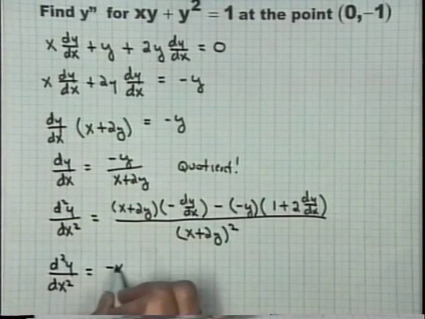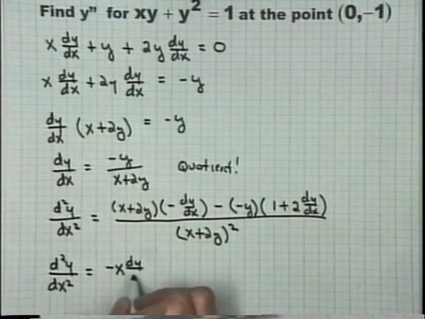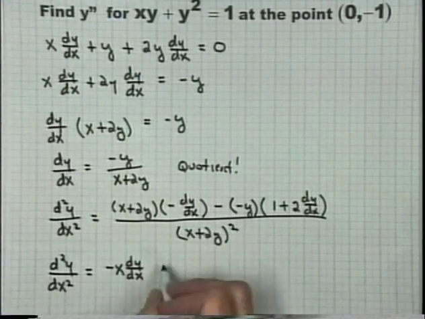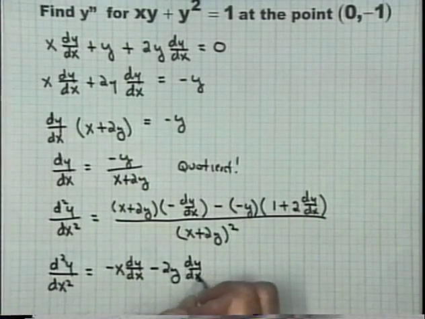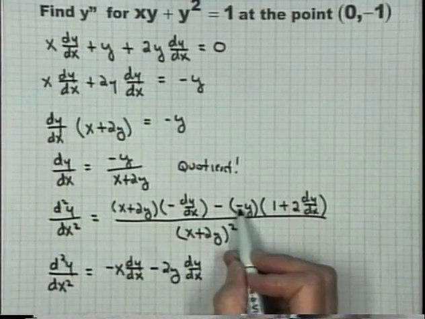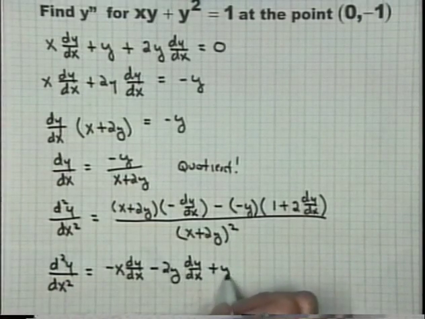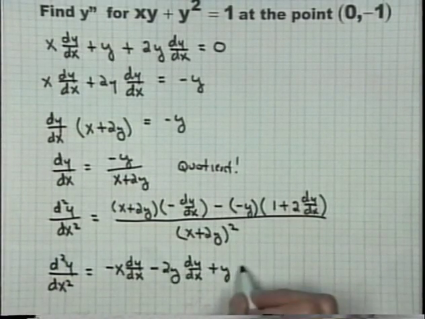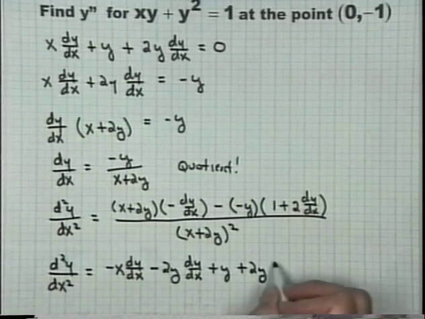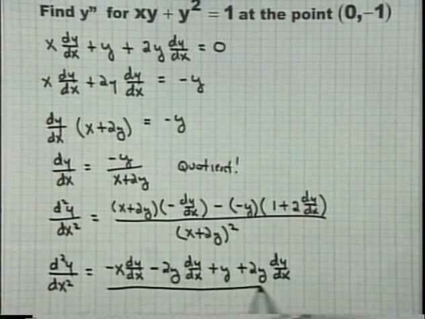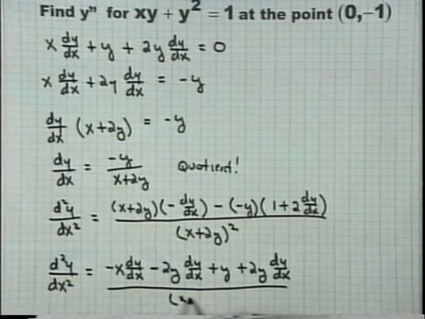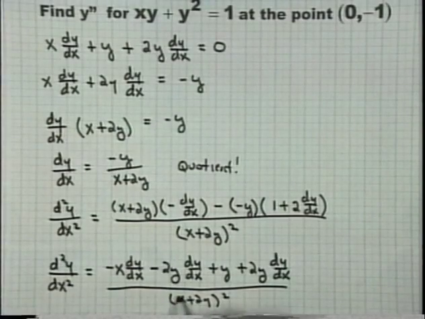So I have minus x times dy/dx, and then minus 2y times dy/dx. Notice this is going to be a plus y times 1, so plus y, and then a plus y times the 2 is a plus 2y times dy/dx, all of this, again, is over x plus 2y quantity squared.